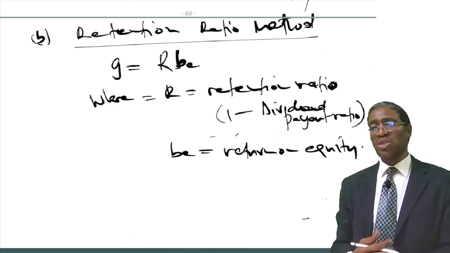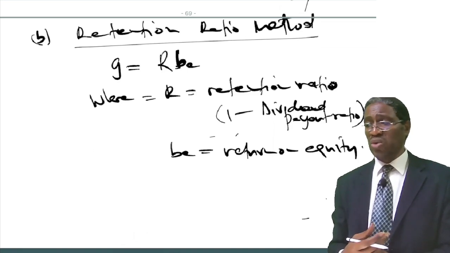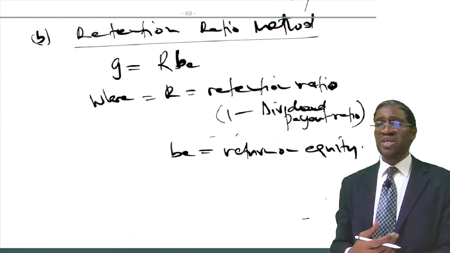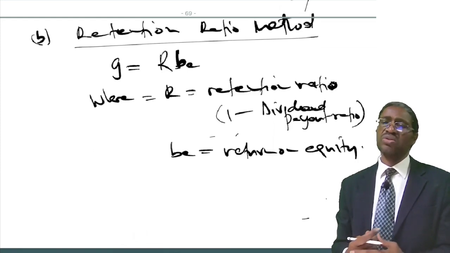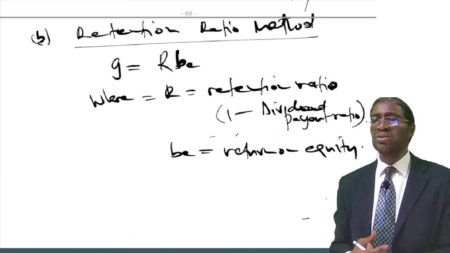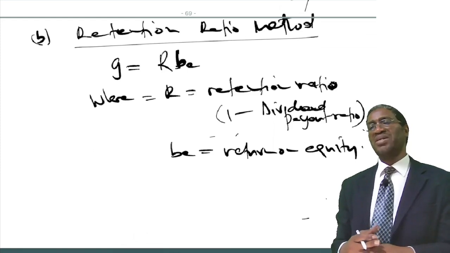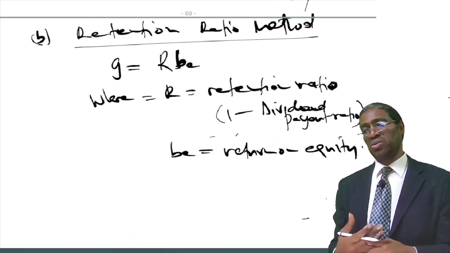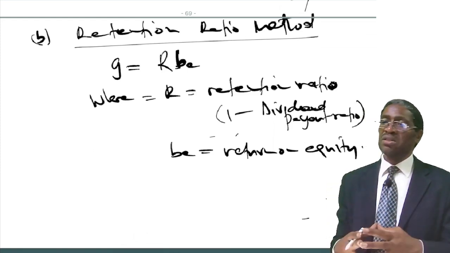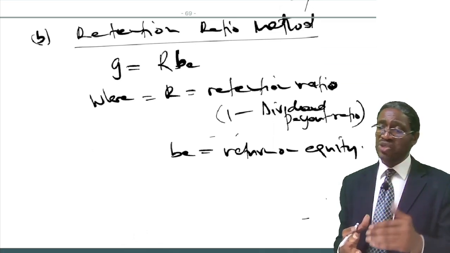Then you can quote what the R represents. I've said R is equal to the retention ratio, which you can get by taking 1 minus the dividend payout ratio. I've already explained the payout ratio: dividend per share divided by earnings per share.